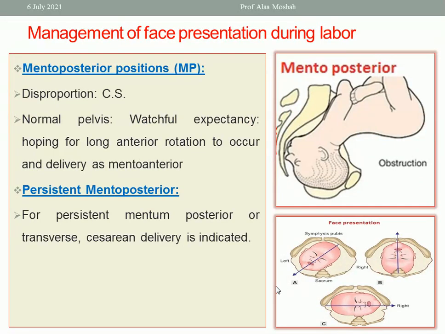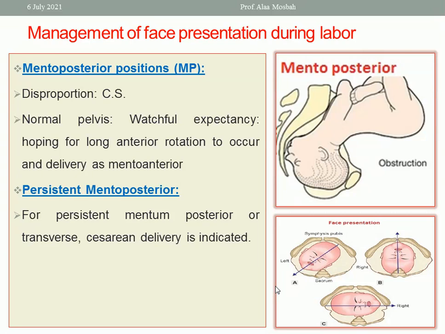Mento-posterior: if there is disproportion, cesarean section from the start. If there is normal pelvis, watchful expectancy. Why? You are waiting or hoping for the 3/8 circle anterior rotation of the chin.